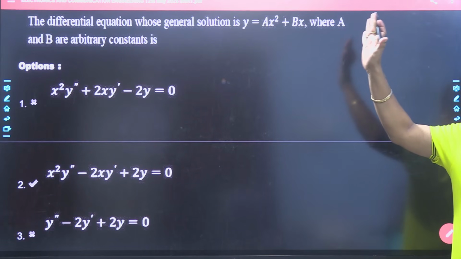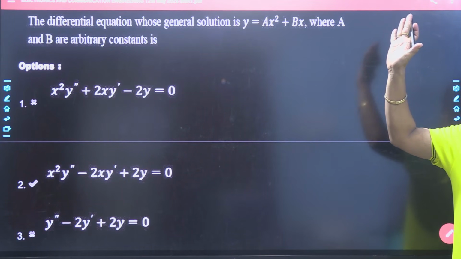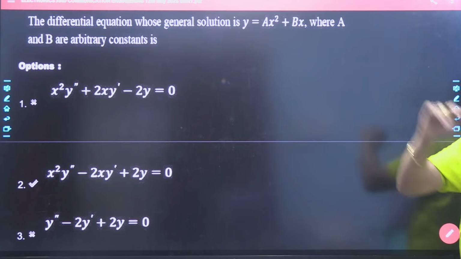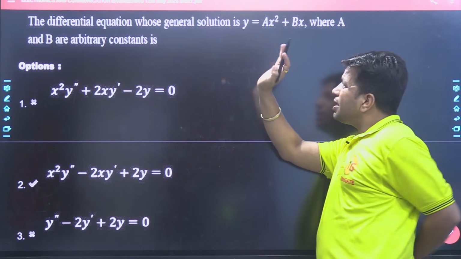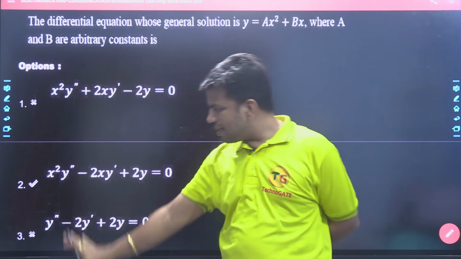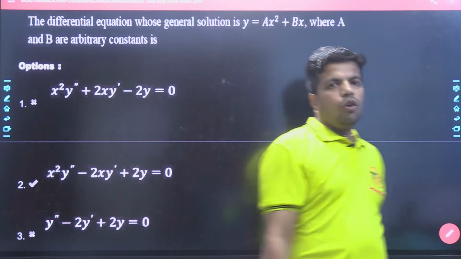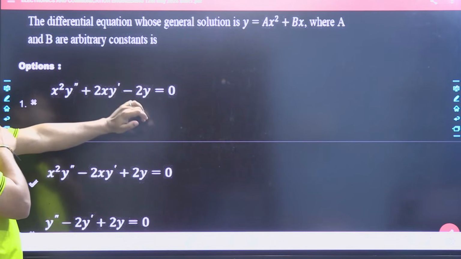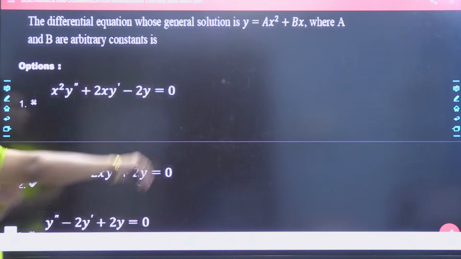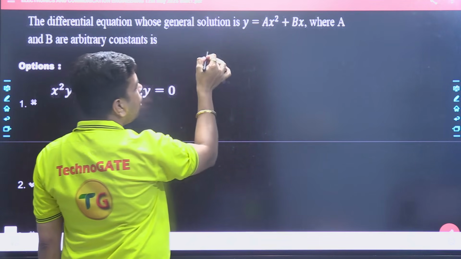So simply differentiate that with respect to x. Here you can see there is a double differentiation equation. My equation is y equals ax square plus bx, and I am differentiating it with respect to x.